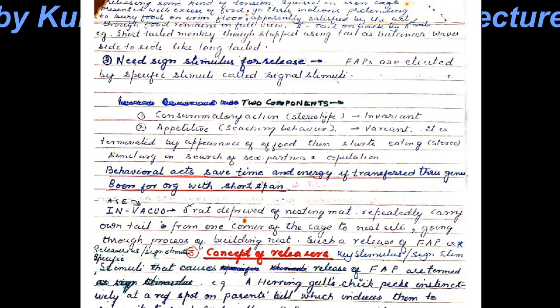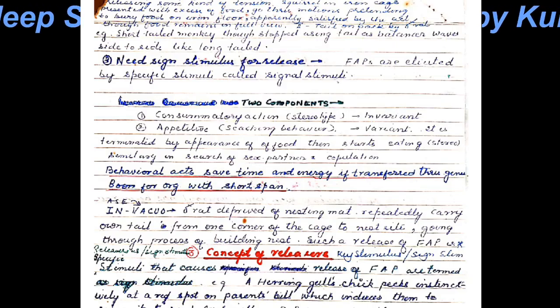The cuckoo actually exploits the FAP of other birds to raise its own progeny. The bird benefits by handing off the task of raising its young to another species of bird, which, out of FAP, will take care of any egg that is found in its nest. The sign stimulus here is the presence of an egg.